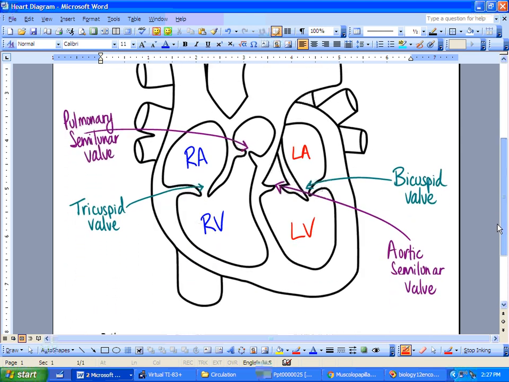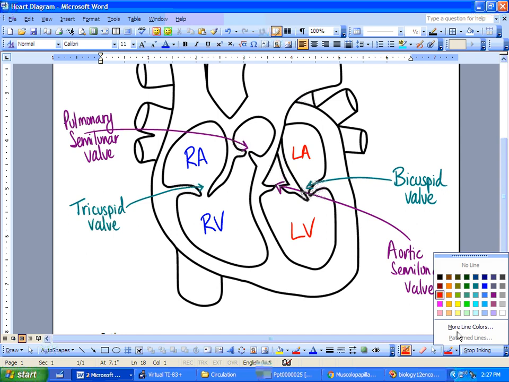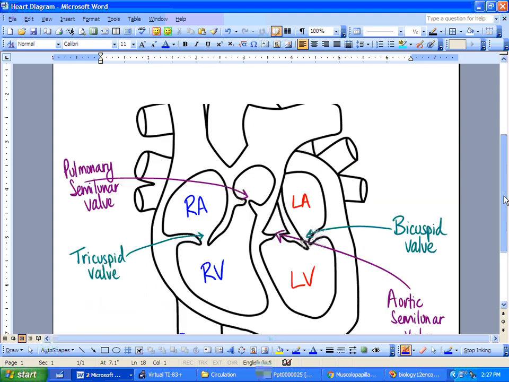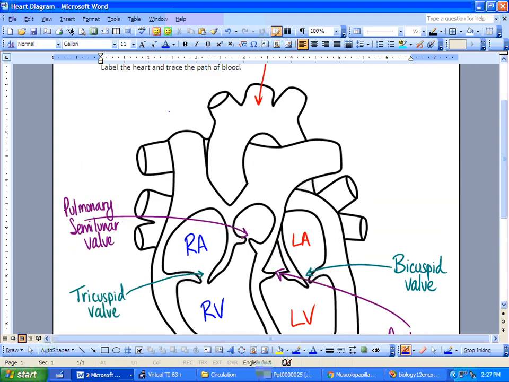The main vessels bringing blood back to your heart, the bottom here is called the inferior vena cava. Inferior just means bottom. And then the main blood vessel that's bringing blood from the top half of your body back to the heart is the superior, it's on top, the superior vena cava.